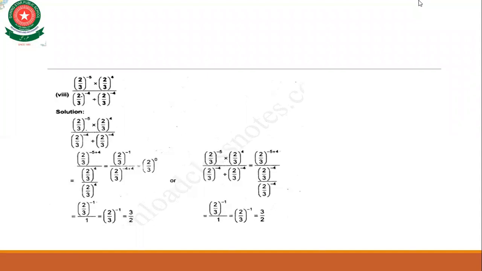So that is your part number 8. Now part number 9 is 2 over 3 power 3 multiplied by 2 over 3 power 0 multiplied by 2 over 3 power minus 3. You can see that all the bases are same, but the exponents are different, so we have to add.